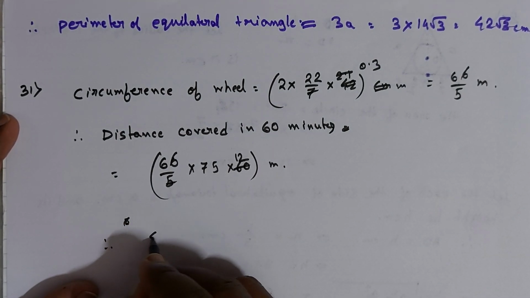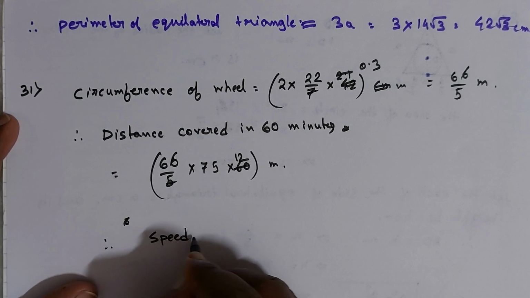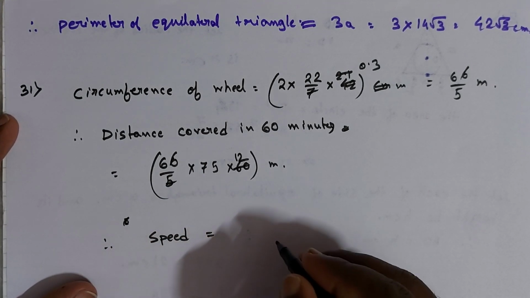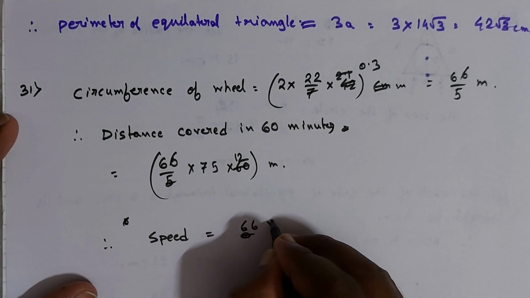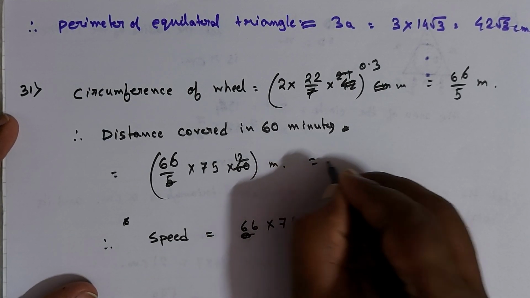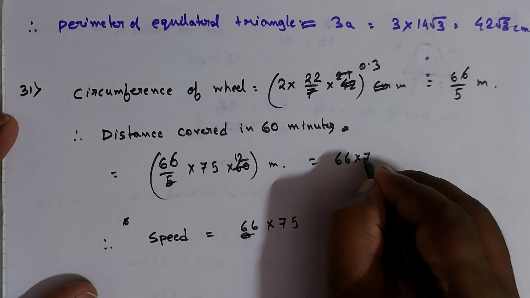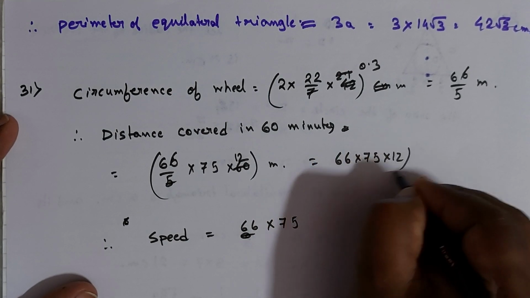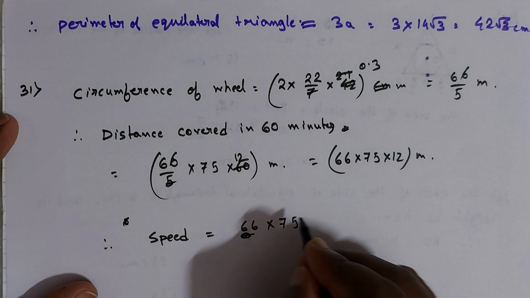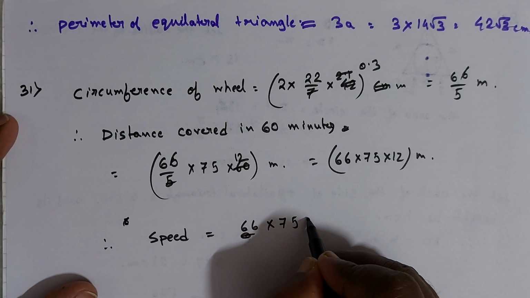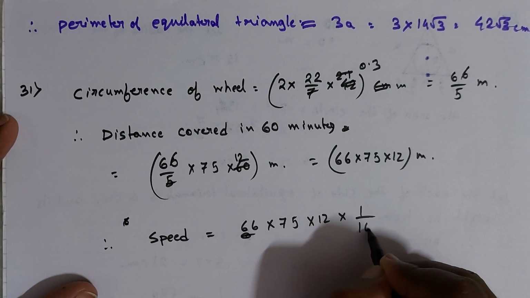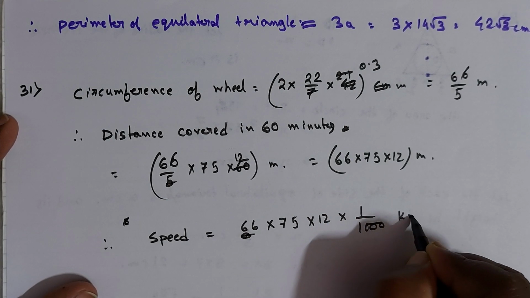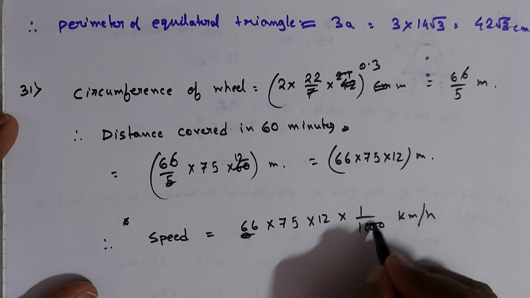so therefore speed equals 66 into 75 into 12 into 1 by 1000 kilometer per hour. Here we are not going to multiply it, just keep it as it is. Okay, why 1 by 1000?